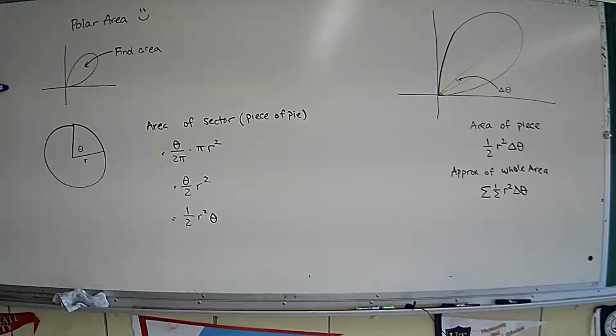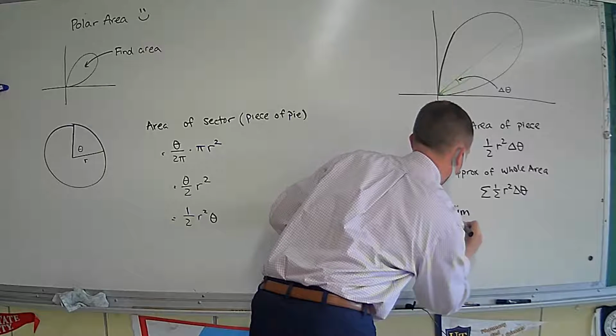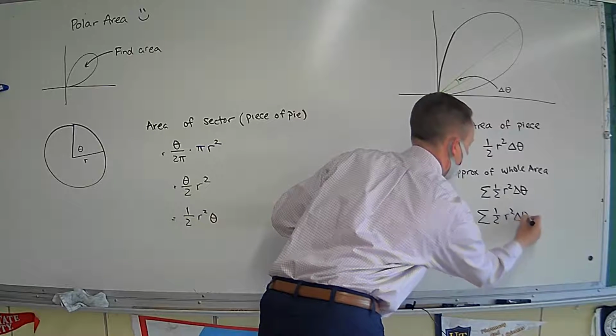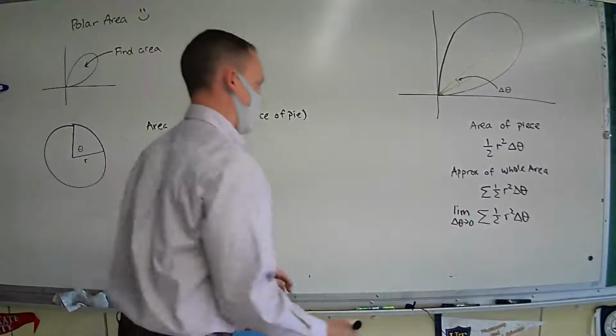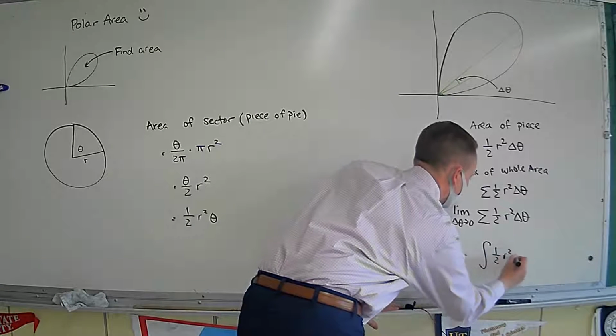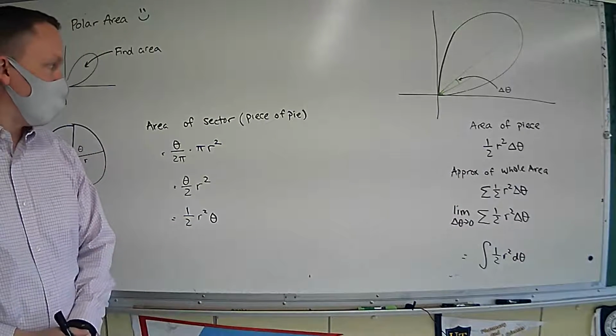Make the delta theta get really, really small, right? So if we take the limit as delta theta goes to 0 of all this, that's when we get the exact area. And that's where we get this formula, 1/2 R squared d theta.